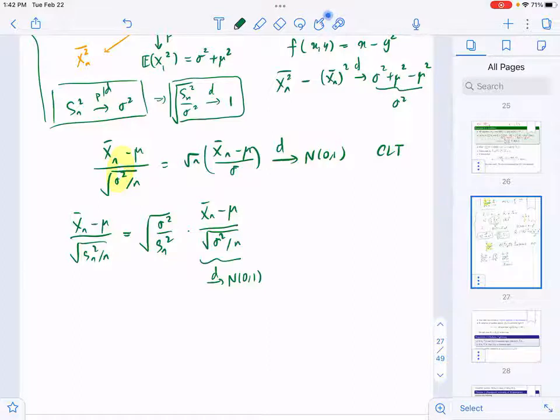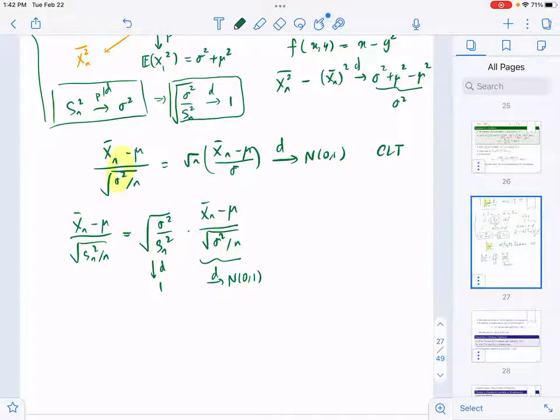And then also I can flip things, that's another continuous function because the limit is non-zero. Does this make sense to people? We can do all the steps: divide this by sigma squared, take the square root, and then flip. All of them are continuous functions. So this is converging in distribution to 1.